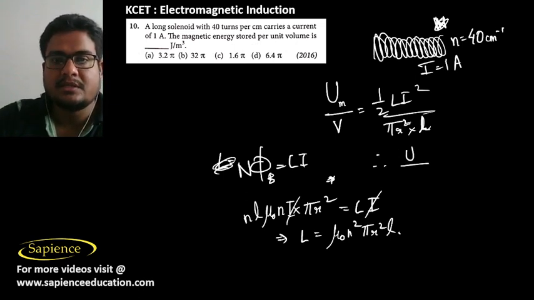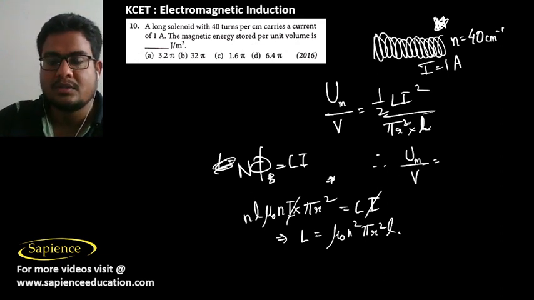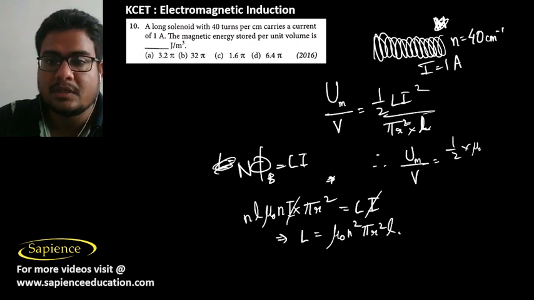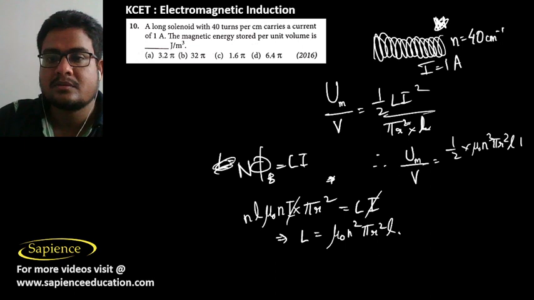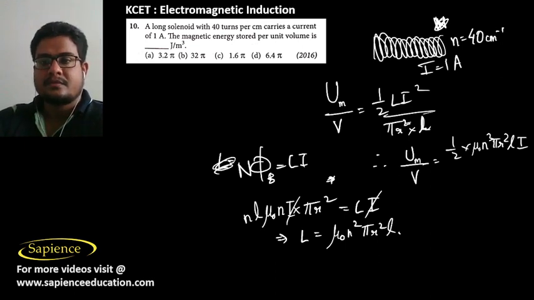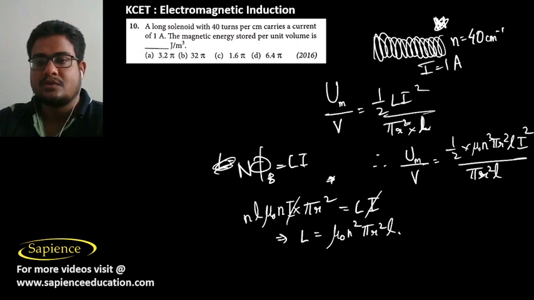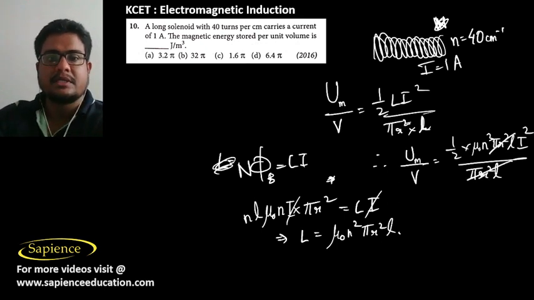Therefore, the magnetic energy stored per unit volume of this long solenoid is equal to half L I square divided by volume, that is half into mu naught n square pi r square L into I square divided by pi r square into L. So pi r square will be cancelled.